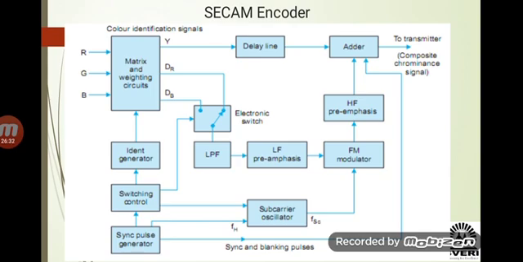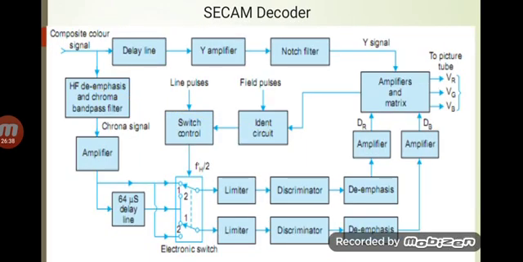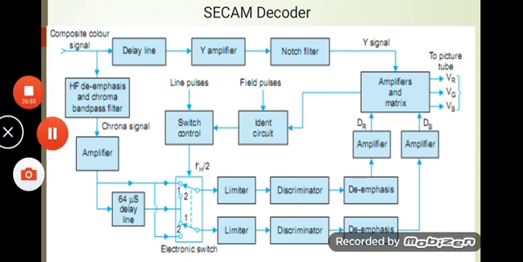Here you can see in the diagram that the encoder, the transmitter side, looks very easy, and this is how the SECAM decoder looks, where this is a 64 microsecond delay line, which is nothing but a memory device, because one line of information we transmit takes 64 microseconds only.